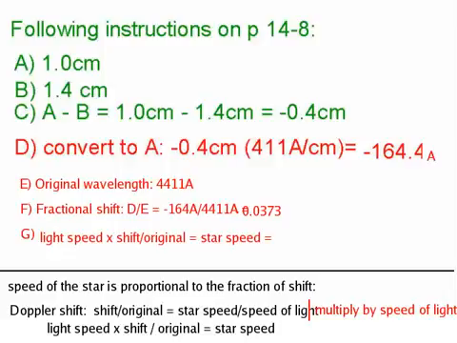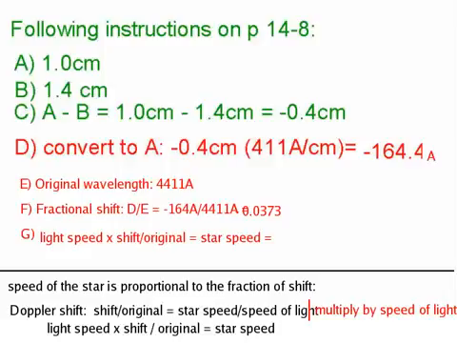So that's basically what I wrote down there, and then we can just go ahead and plug in our values. So let's use the speed of light in meters per second. So that's 3 times 10 to the 8 meters per second. And then we're multiplying by the shift, which we're going to put in parentheses now, negative 164.